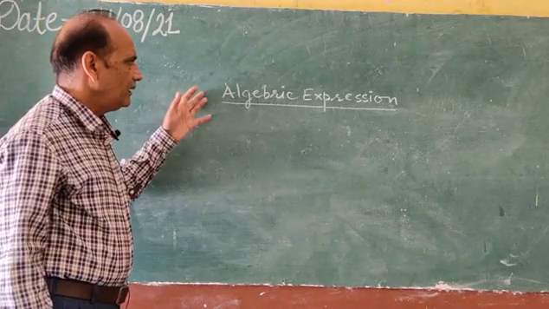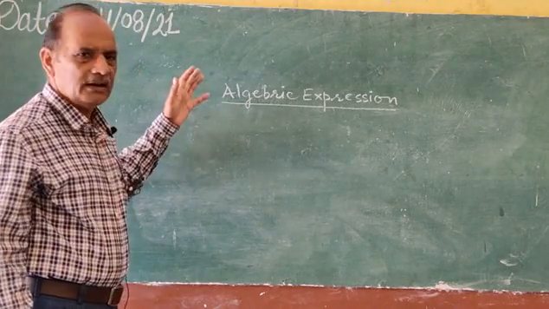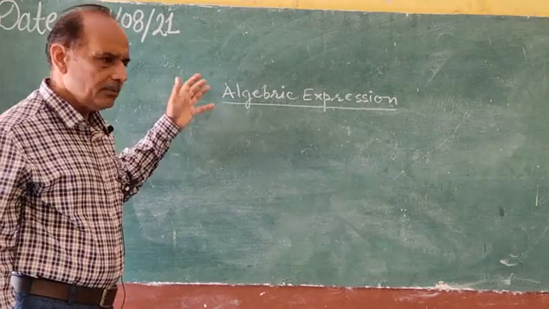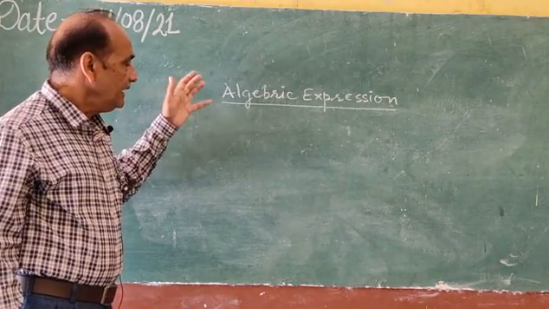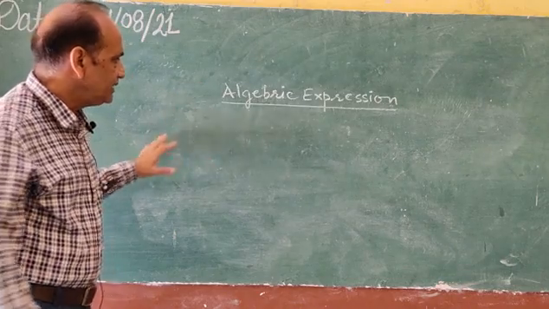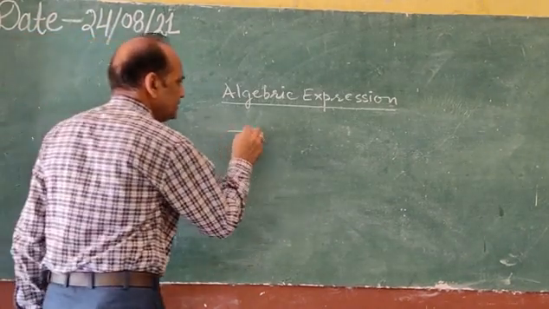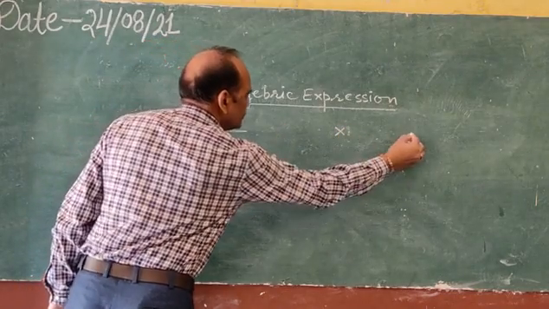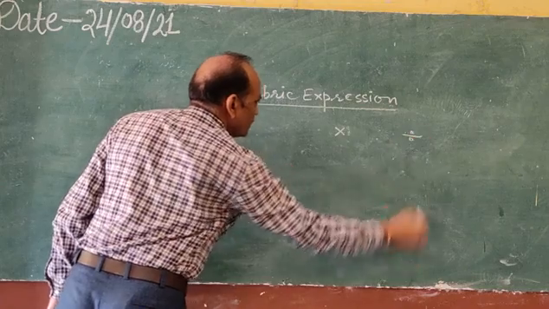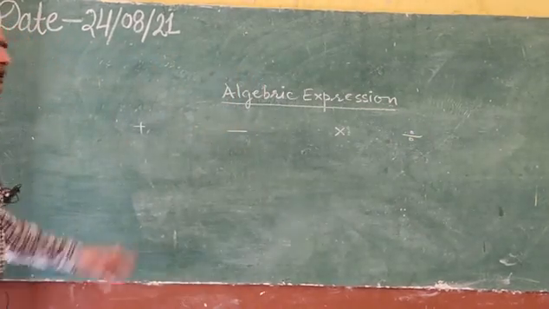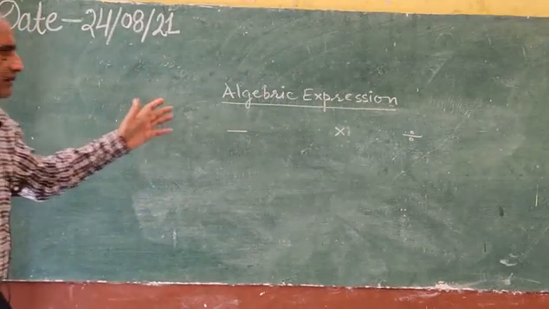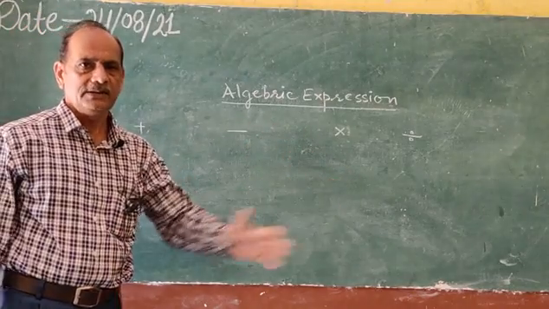Algebra is a branch of mathematics. In algebra, we use these four operations, and you know about them: addition, subtraction, multiplication and division.